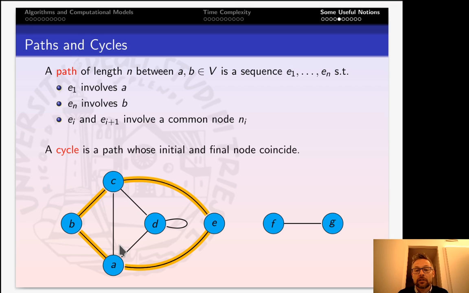For instance, on this slide, you can see a graph which is not connected because I'm not able to build a path between, for instance, E and F. So there's no path between E and F, and then this graph is not connected. Okay?